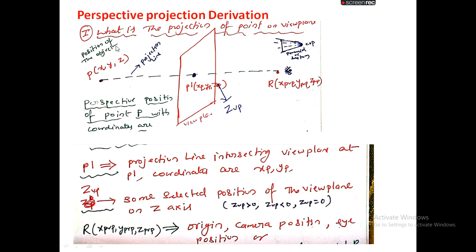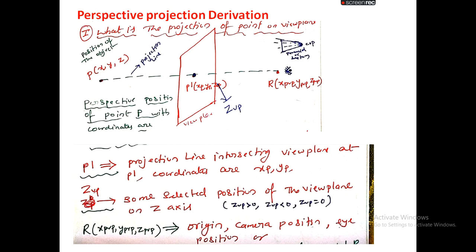I drew a dot in space. The same point I translated onto the view plane is P dash, and its coordinates are xp, yp and zvp. So these are the parameters we need to consider whenever we are determining perspective projection coordinates.